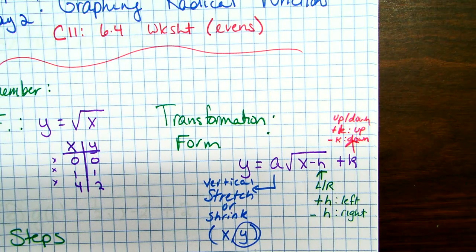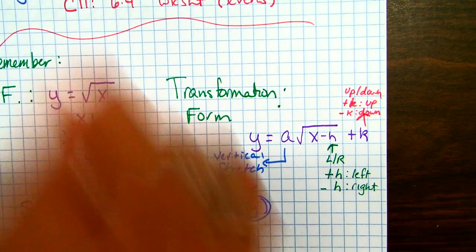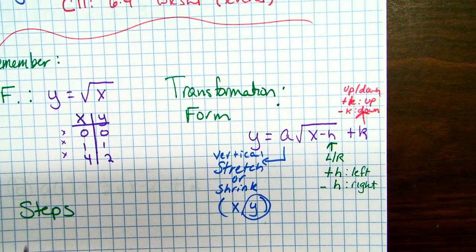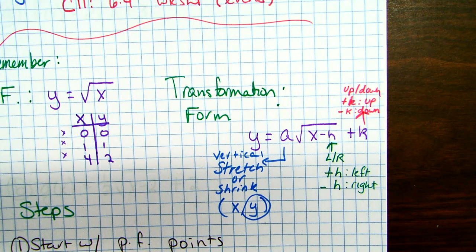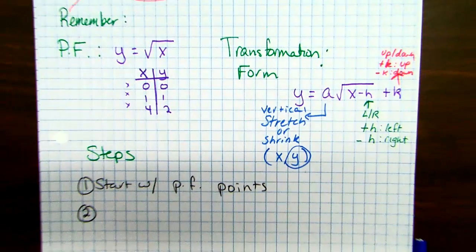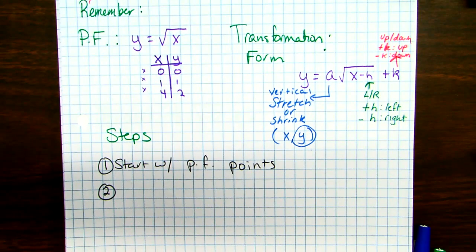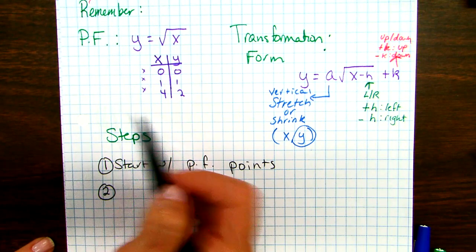So here's the steps. I'll come back to why that was important. Okay, so we start with the parent function points. Just like we did yesterday, same first step. But there's a new step we do second, okay? The first step we do this, and we'll practice a couple here on the next page.